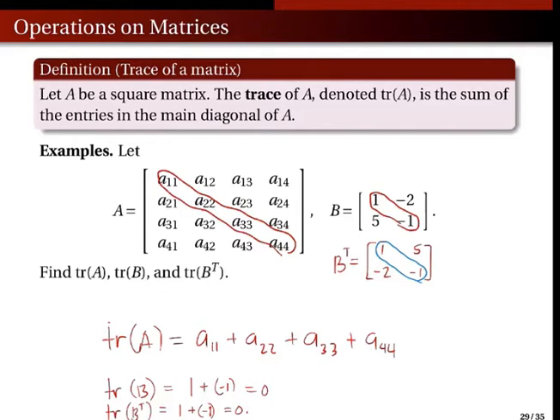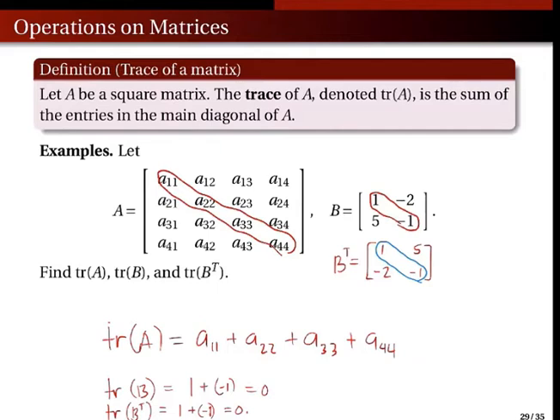But the main diagonal entries have the same row and the same column, so ii, or jj if you want. Therefore, it won't change. Ajj is still Ajj in the transpose.